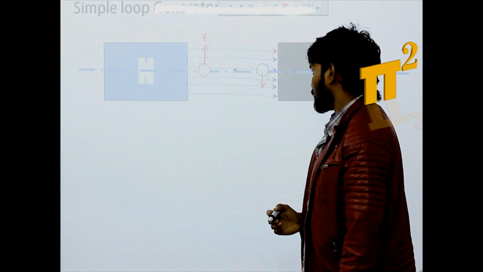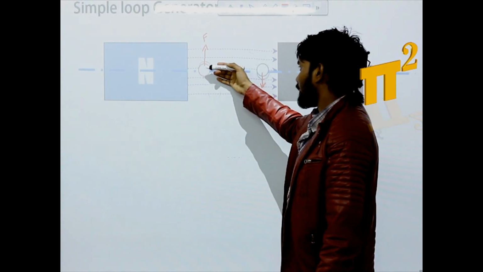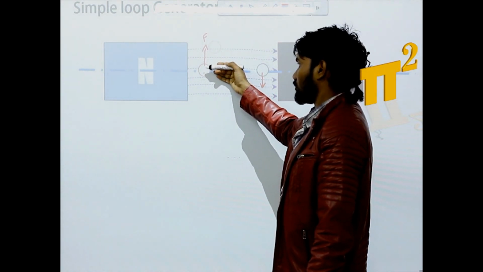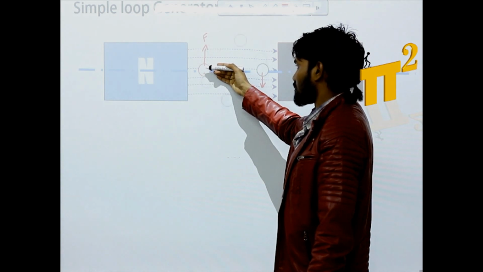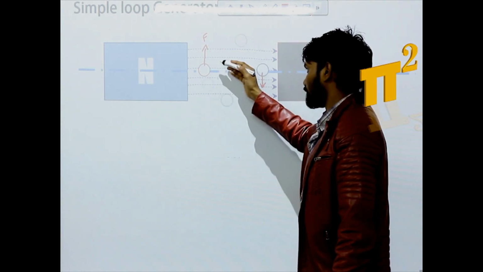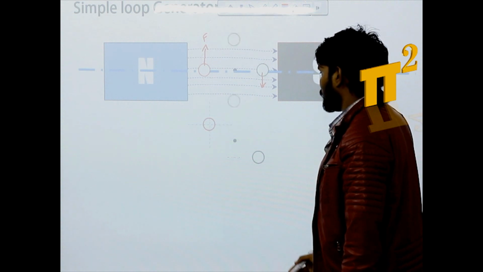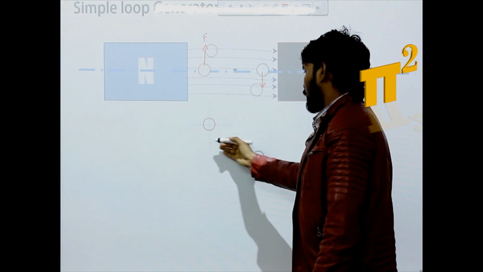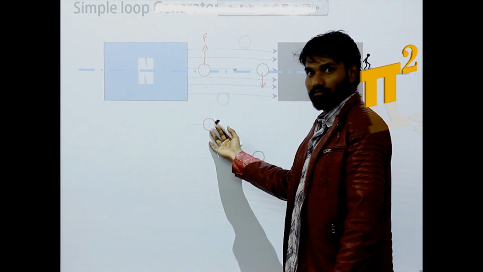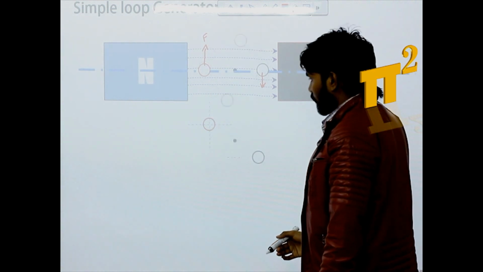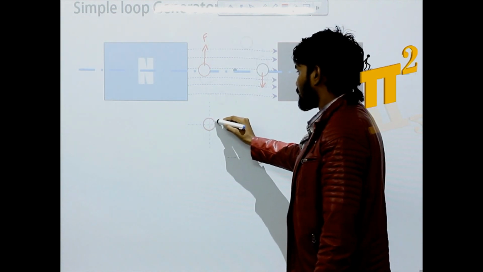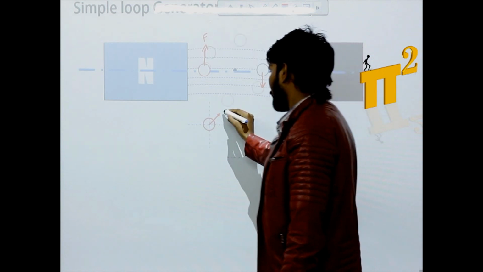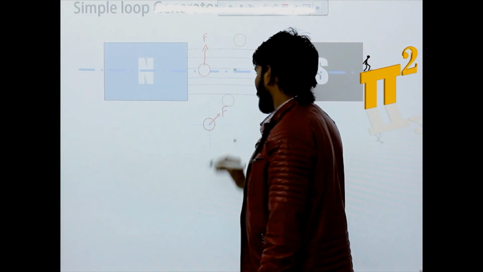Let's look at another instant. This is 0 degree rotation. Let's take another instant after 45 degrees rotation. Now here also the force F is acting this way.